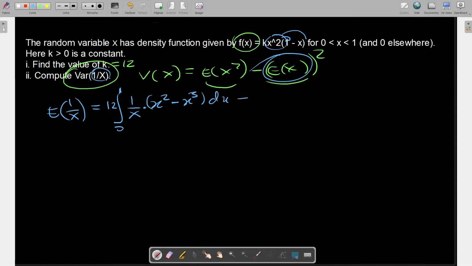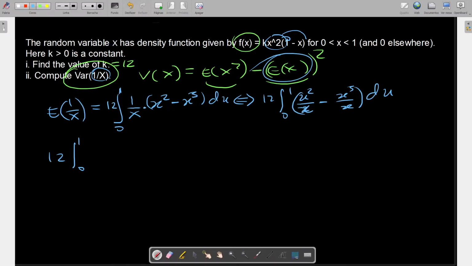So let's decompose the expression a bit. So we have 12 from 0 to 1, we have x squared divided by x, and we have x cubed divided by x, all that dx. So let's continue. We are not integrating yet, we're just simplifying the terms.